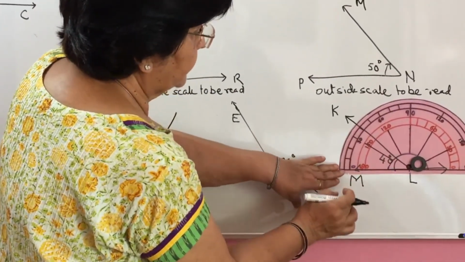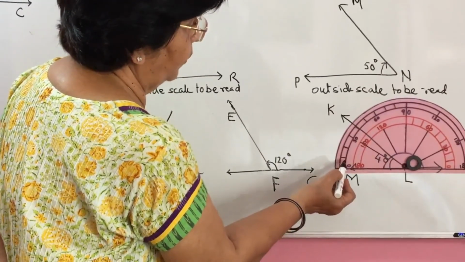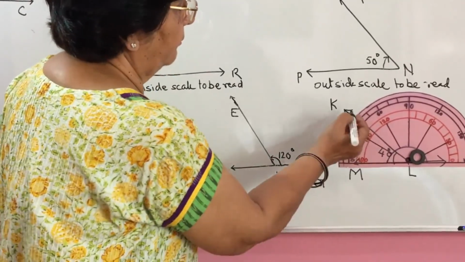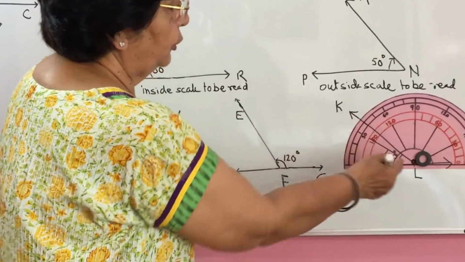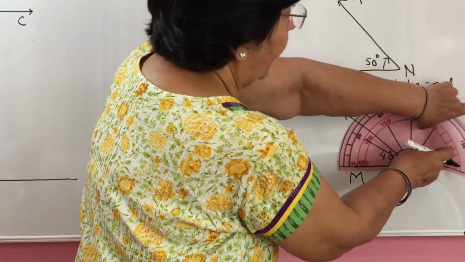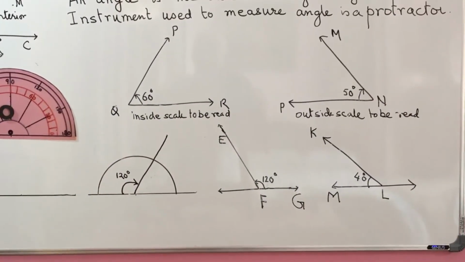Now, this angle, when we measure from the outer scale, it is 0, 10, 20, 30, 40. So this angle, I mark a point here, join it to the point L, then angle KLM is equal to 40 degrees.